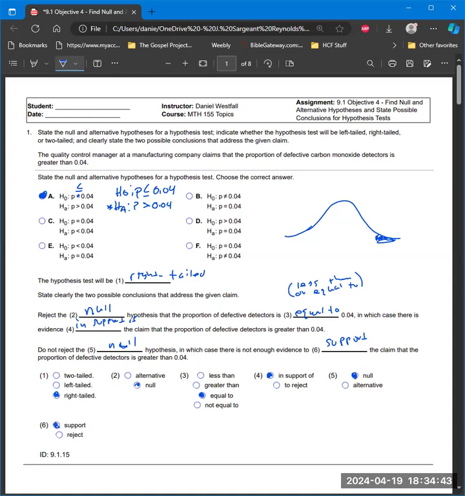We always use the word reject with the null hypothesis, and we always use the word support with the alternative hypothesis. They go together. So we either reject or we fail to reject null, and we have enough evidence to support, or we don't have enough evidence to support the alternative.